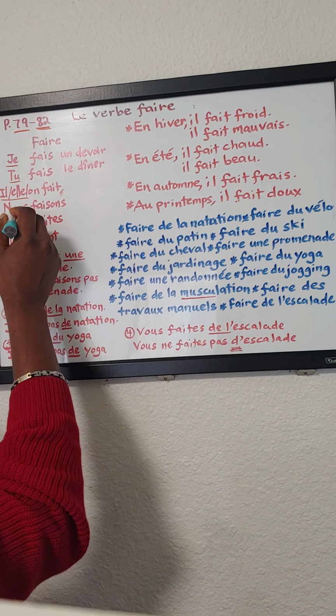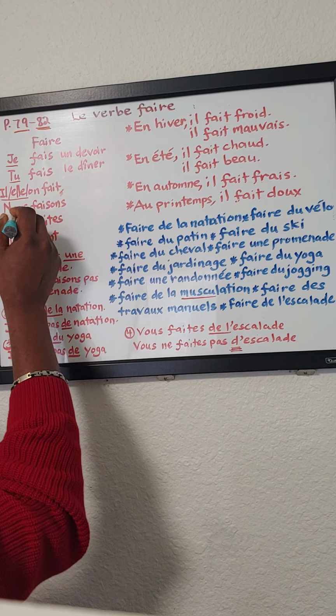Il fait frais. Frais here means cool, C-O-O-L. Au printemps, il fait doux. Il fait doux means the weather is temperate. It is not hot. It is not cold.